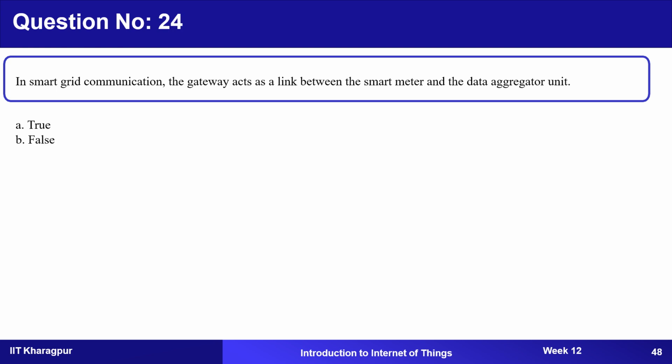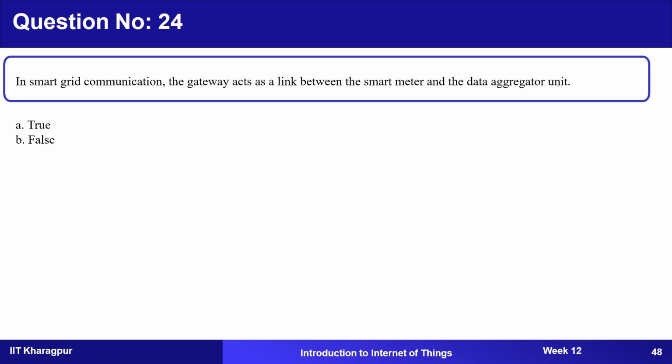Next question is, in smart grid communication, the gateway acts as a link between the smart meter and the data aggregator unit. True or false? True, ma'am. Okay, so can you please tell me the different components of smart grid? Two are given here: smart meter, data aggregator unit. I guess there were four components, right? We have discussed four components. Smart meter, gateway, data aggregator, service provider.